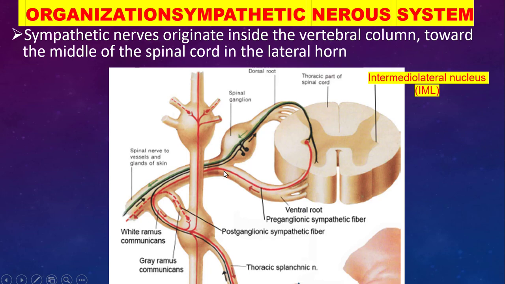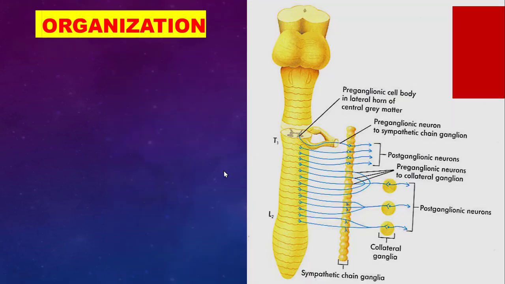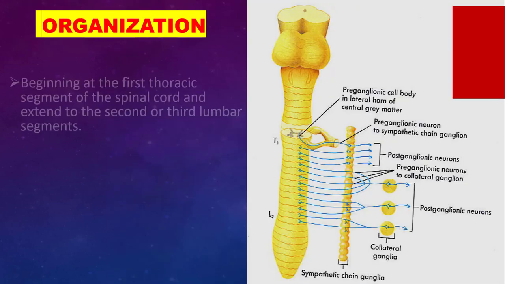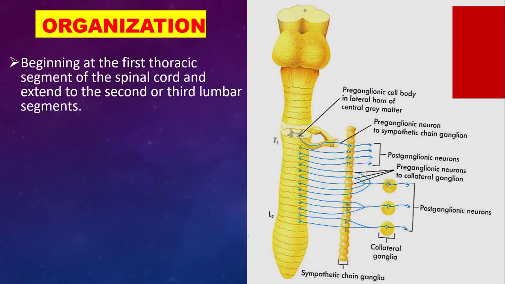Beginning at the first thoracic segment of the spinal cord and extending to the second or third lumbar segment. This origination of the preganglionic neuron in the sympathetic system starts from thoracic 1 and extends to lumbar 2 or 3 vertebra.